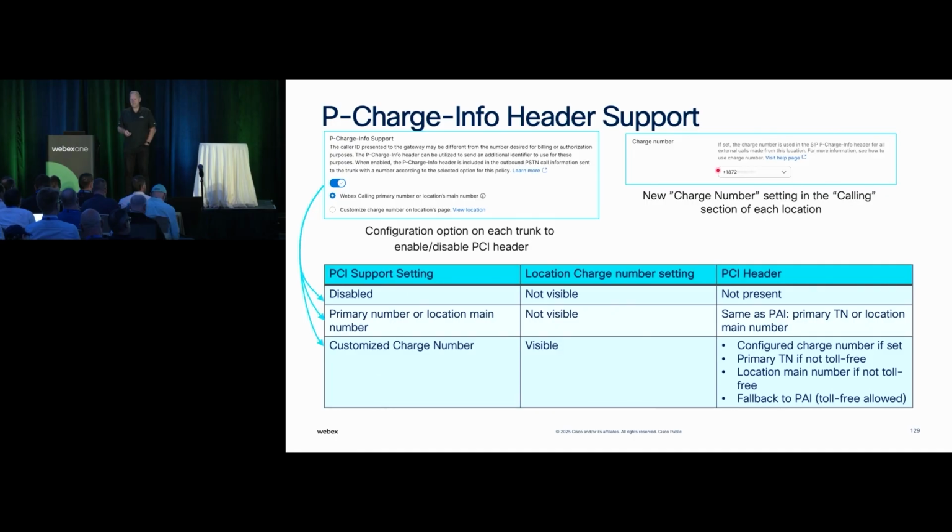It has to be a primary TN, cannot be a toll-free number. It can be the location number, if not toll-free. And if you don't configure something here, there's a fallback to the PAI header that we already sent out.